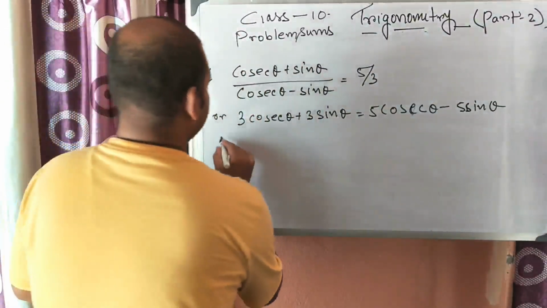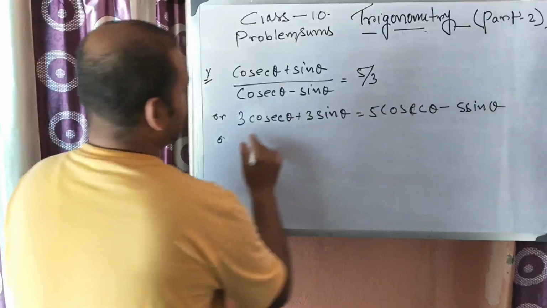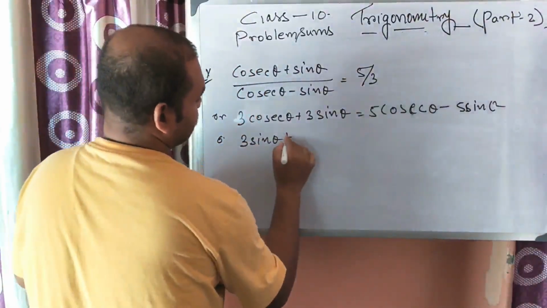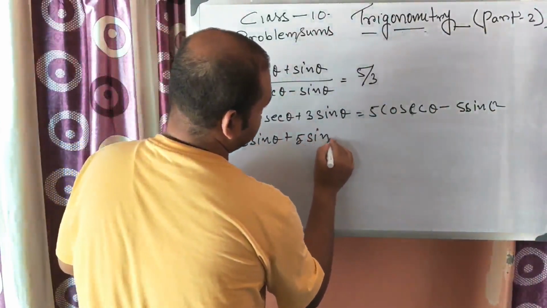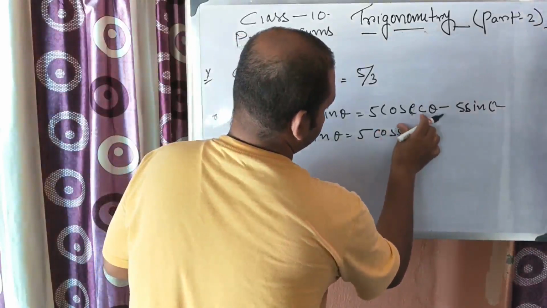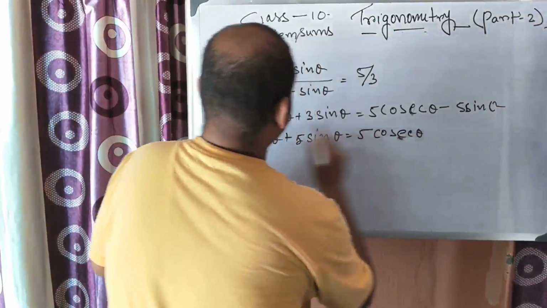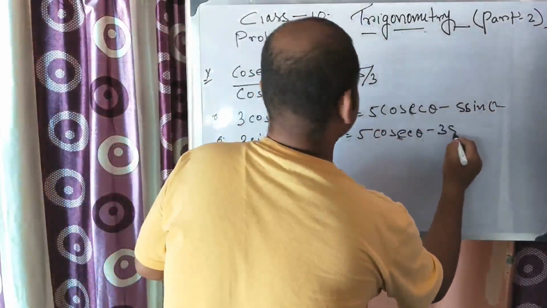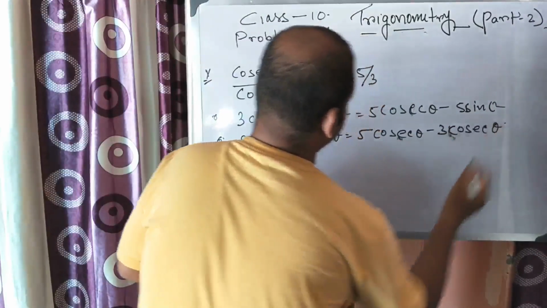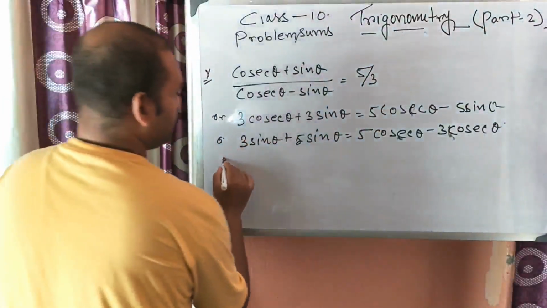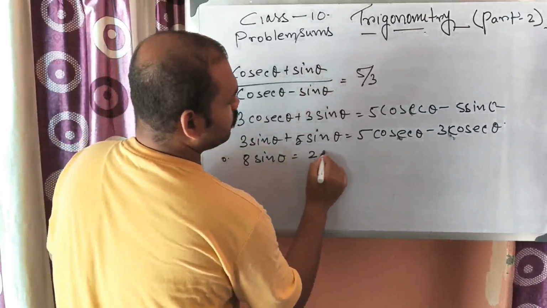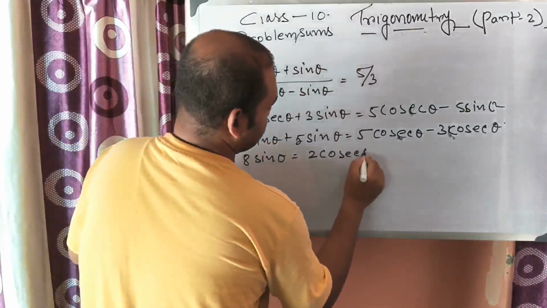Very easy. So 3 sin theta plus 5 sin theta, and 5 cosec theta minus 3 cosec theta. So we can write down 8 sin theta is equal to 2 cosec theta.